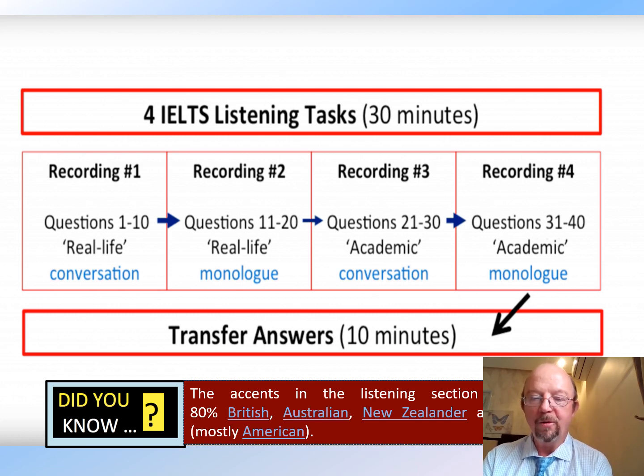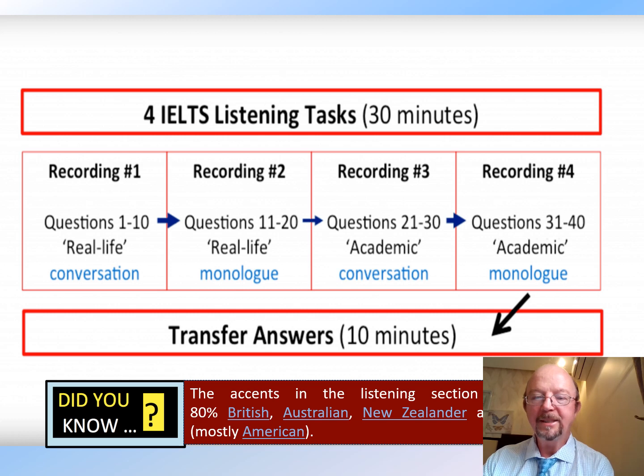And the last recording is like a lecture from a university professor or college lecturer that will give information regarding an academic topic, and questions will be posed around that.